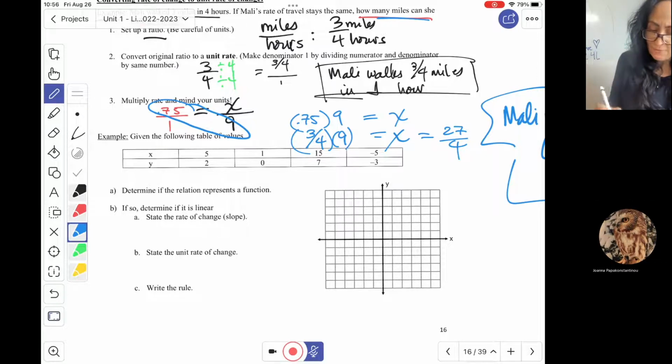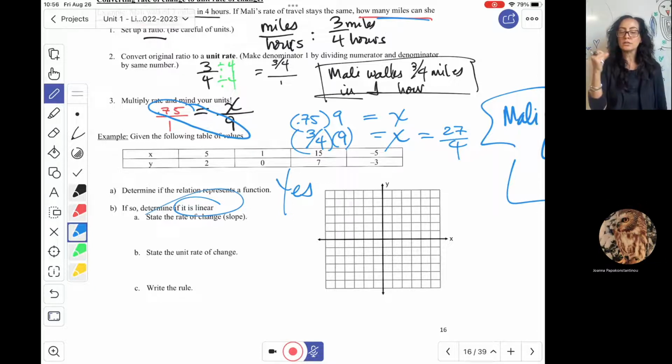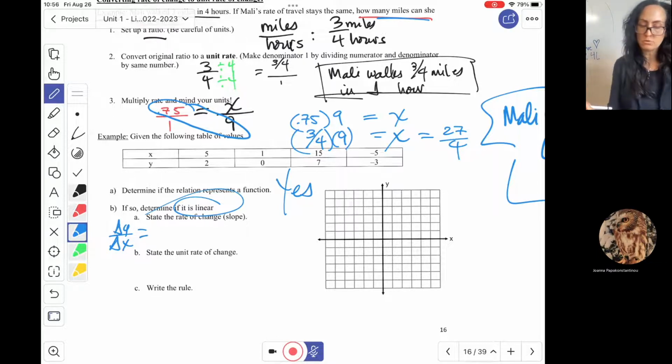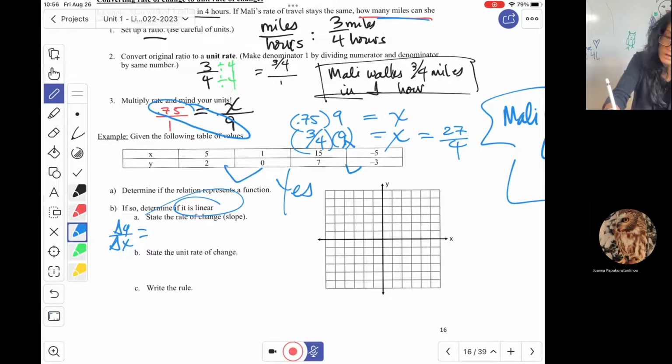So if yes, then I know it's linear, and I can find that constant rate of change, that change of y over change of x, no matter what two ordered pairs I use. So I could do the difference here over the difference there. I could do the difference here over the difference there. If the changes in y for consecutive output values over your change of x for consecutive input values are all the same, it's constant, it's linear. What is the slope?